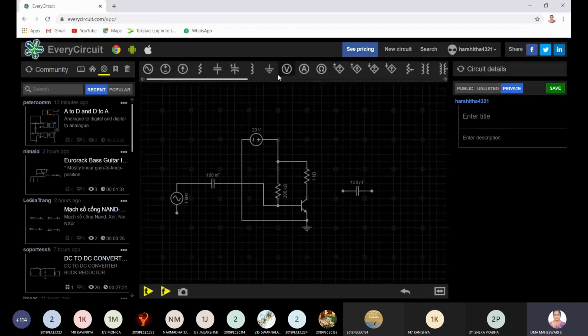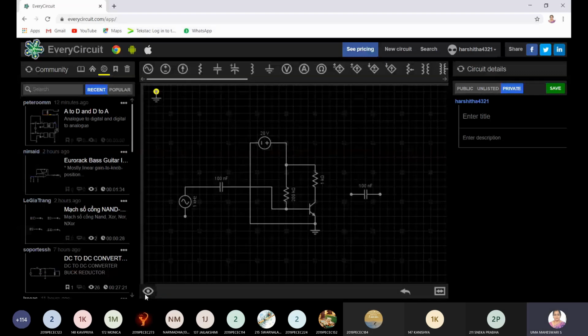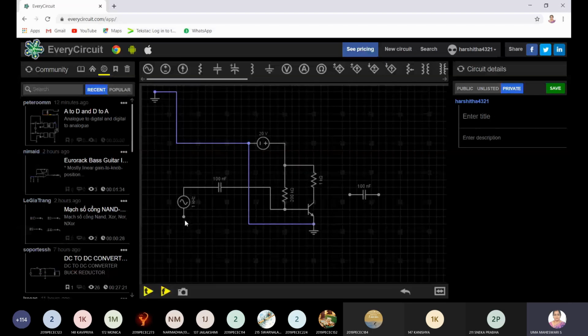And this is your ground. If you want, you can use a separate ground, or there is one more option. You already have a ground here, so this ground and this ground I can connect. Anyway, it's the same. If you don't want this ground, just delete it. Both ground terminals I can connect.